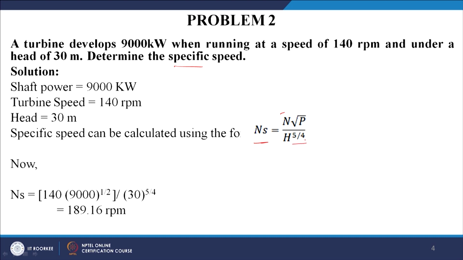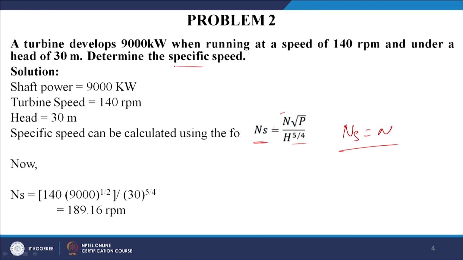Now, if P and H both are 1, then Ns is equal to N. So, this is the definition of Ns, and in this case we will put the P and H values provided in the statement, the N value is also given, and we will calculate the Ns value.